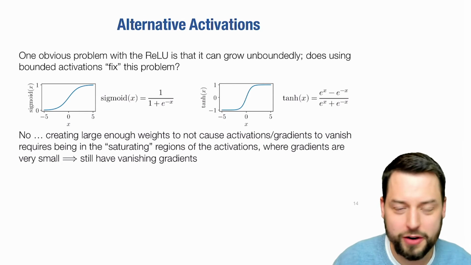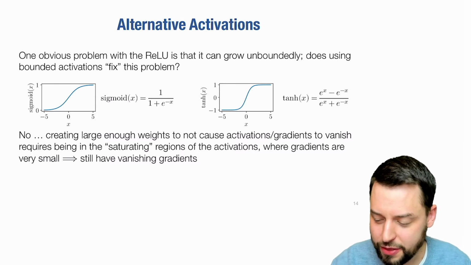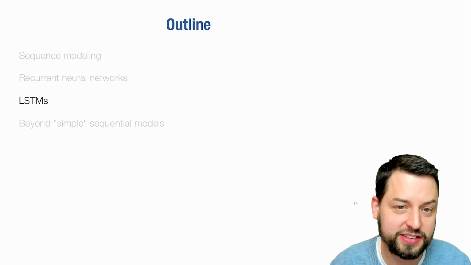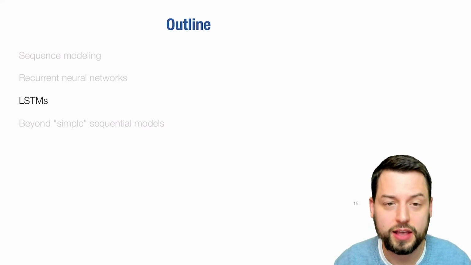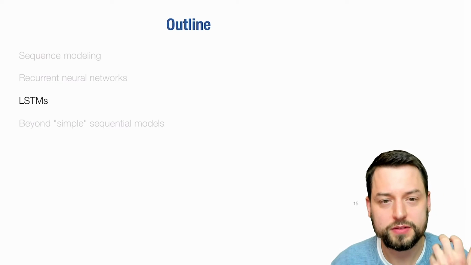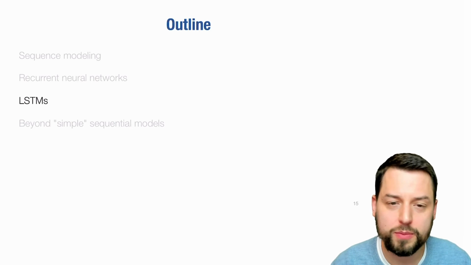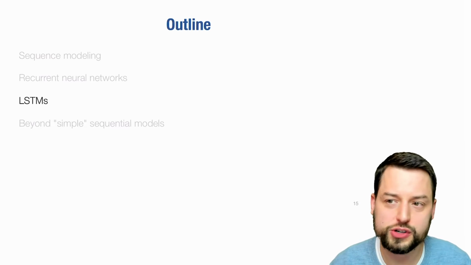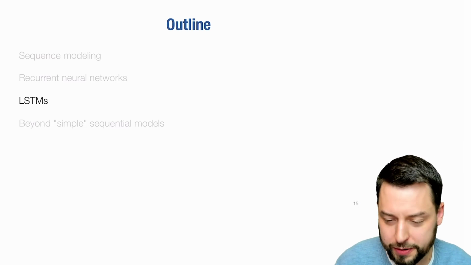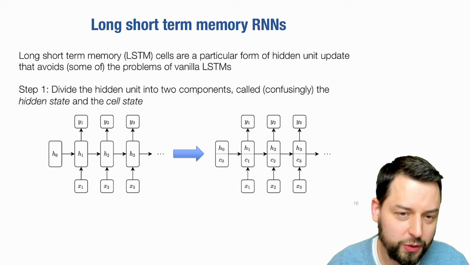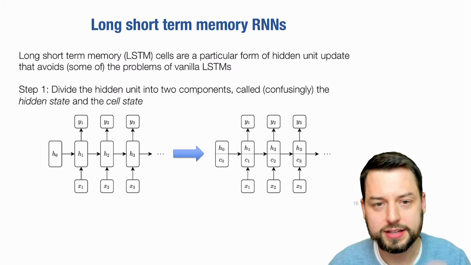So how might we go about fixing this? There are many ways you can fix it, but one method that I want to highlight, because it has reached such popularity in deep networks, is to use a different architecture for our RNN. One of the most famous of these is what's called the LSTM, or long short-term memory recurrent network.